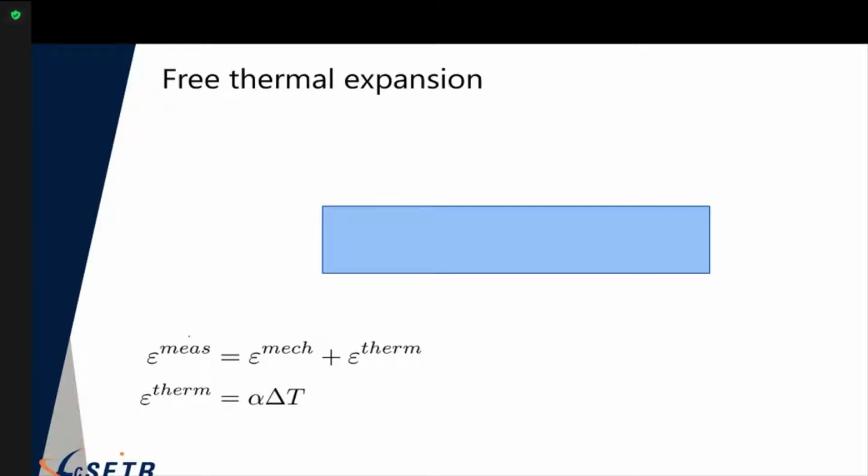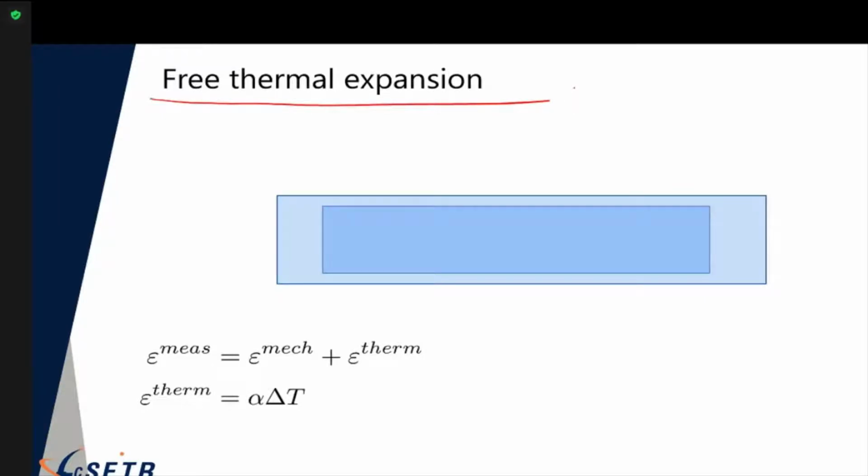All right. So now we're going to consider unconstrained thermal expansion, free thermal expansion. So we have a bar. This is it at room temperature, let's say, and now we're going to heat it up. So now the bar just freely expands.